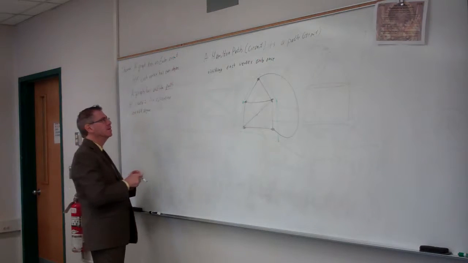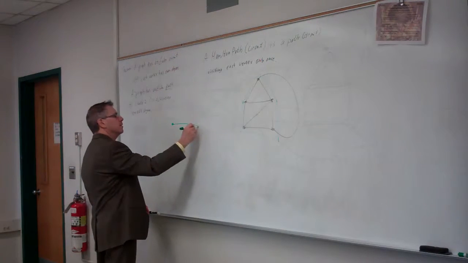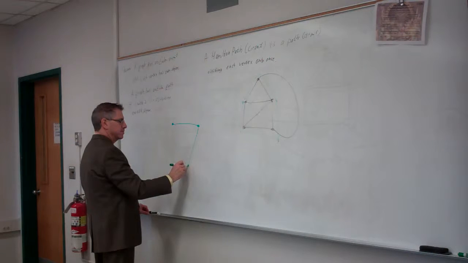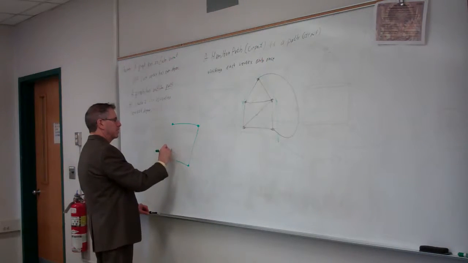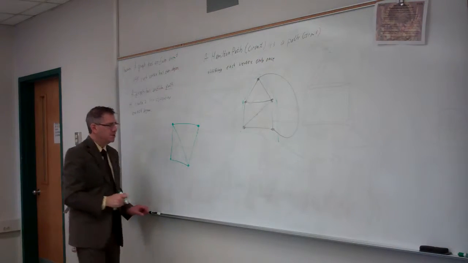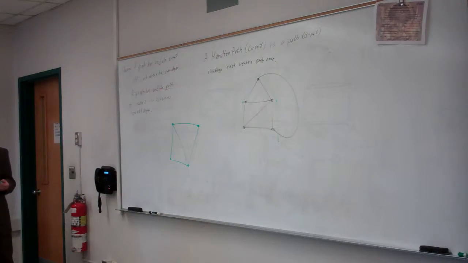Oh, well, you get an Euler path, not a Hamilton path. If we have an Euler path, we're going to visit each vertex. But will we visit it more than once?